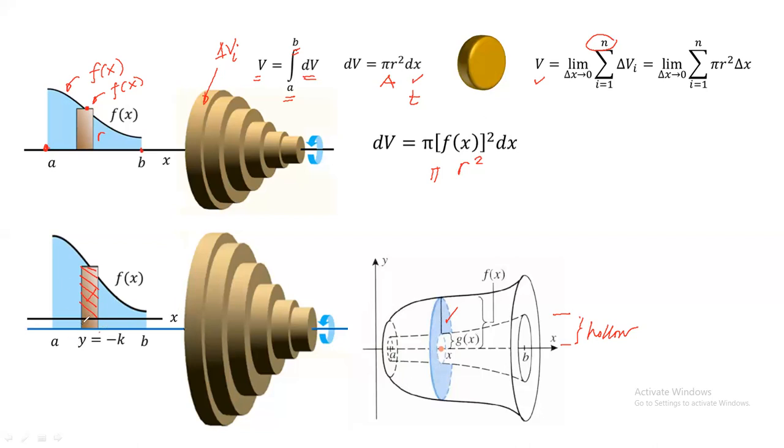Your limit of integration is still from a to b, but your axis of rotation is now this x-axis above this blue line. You are rotating it in here, but this is where your area should be rotated on. So the result is something that is hollow. That g of x, as you can see here, is the hollow part of the solid of revolution.